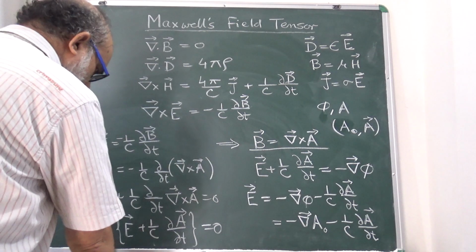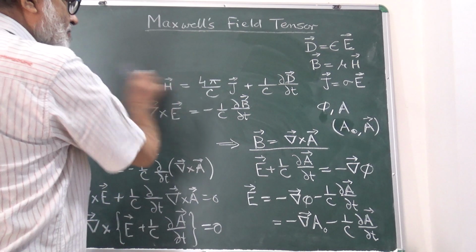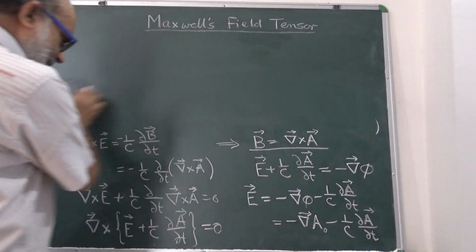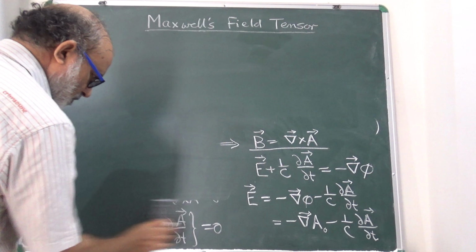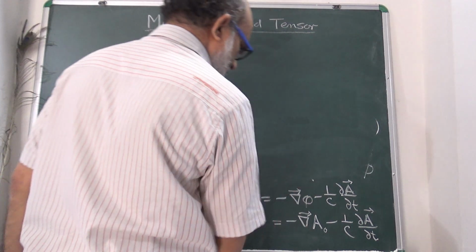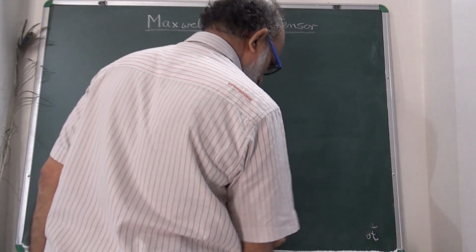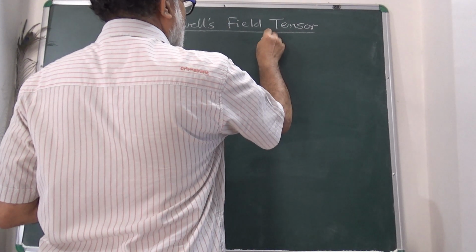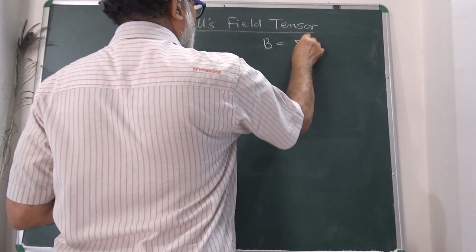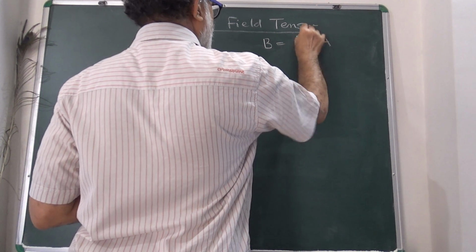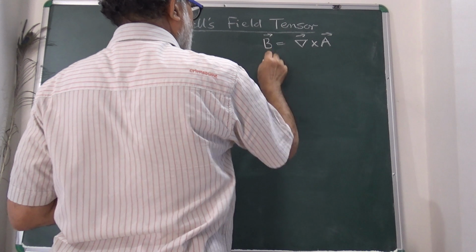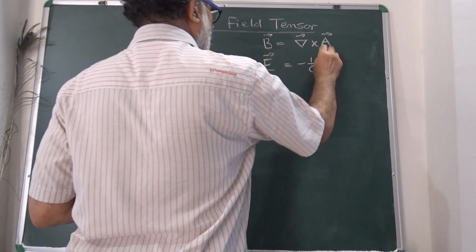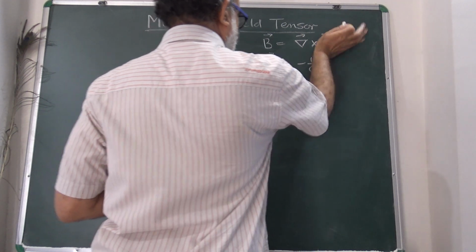So now we have it at our disposal: B is equal to curl of A, and E is equal to minus del phi minus 1 by c dA by dt.